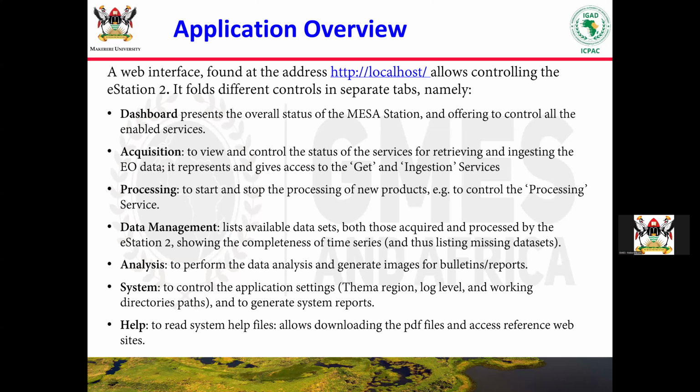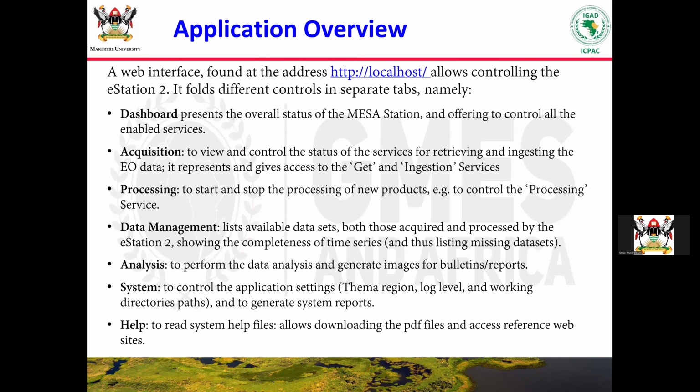Then analysis, and we're going to talk a lot more about analysis, because for the others you just activate or deactivate a service if you want to. But in analysis, it's where you actually generate the final product. And we are going to do more from tomorrow, part of today, Thursday, and Friday.